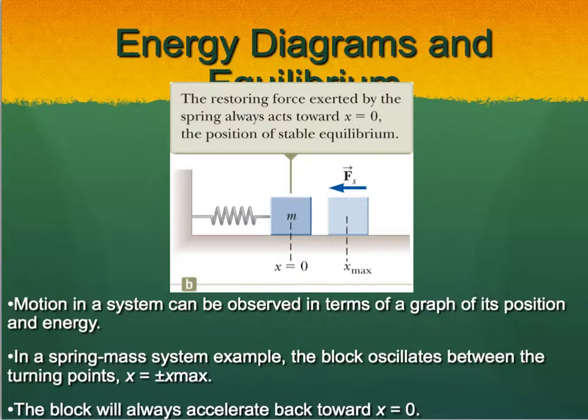In a spring mass system, we can stretch the spring and also compress the spring, but ultimately the mass is going to oscillate between a maximum stretched position and a negative displacement where the spring is compressed at its maximum capacity.